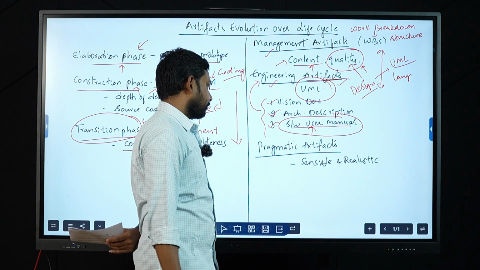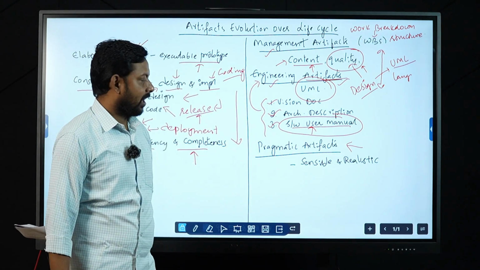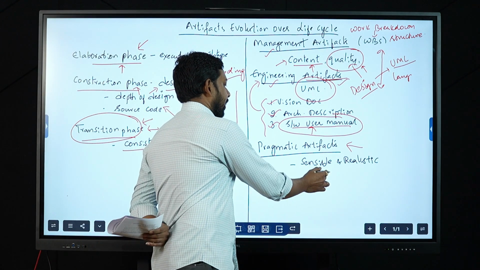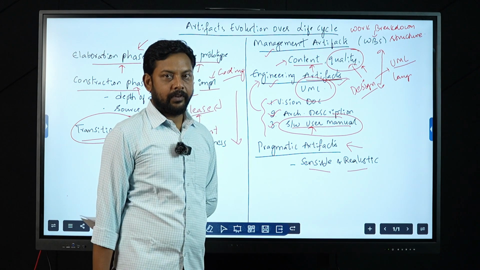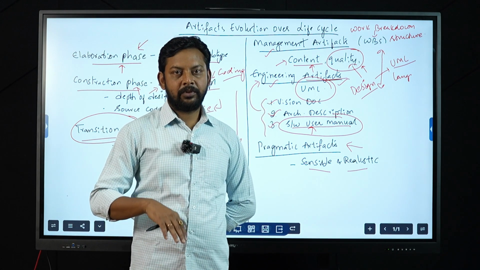And last, we'll try to understand what these pragmatic artifacts are. Pragmatic artifacts actually deal with the sensible and realistic data related to your software. So far we have understood what tasks you are supposed to perform as per the requirements provided by the user.